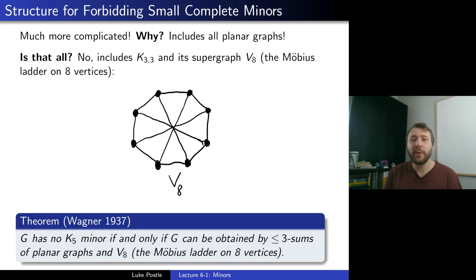So that's our introduction to minors. We talked about Kuratowski sets. We went through these two questions a bit. What's the structure for small minors? It gets more complicated for K6 and beyond, I hope you can imagine. For example, K6 would already include all the linkless graphs, which are an even richer class of graphs. And there's even more. So it's hard to come up with good characterizations.